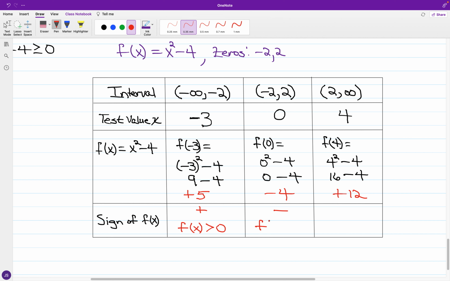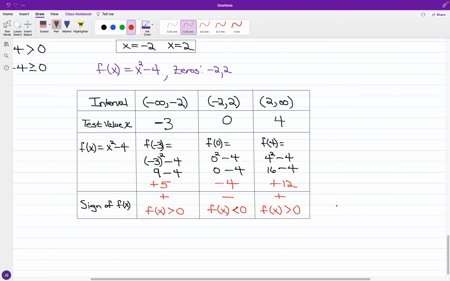So here f of x is less than 0. And going back, if I select anything greater than 2 for the input, the output is going to lead to a positive value. In this case, once again, f of x is going to be greater than 0.